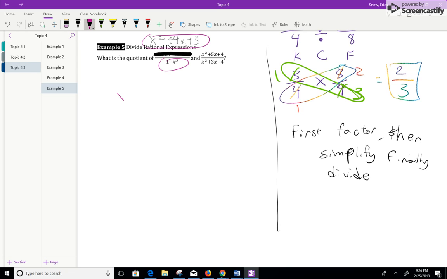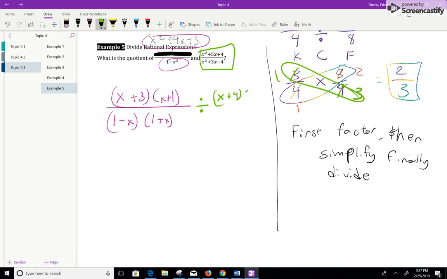So now I am going to go through and we're going to factor this and this first. So we're going to have x, ends up being x plus 3, x plus 1, over 1 minus x, 1 plus x. And then our 1 on this side ends up being x plus 4, x plus 1, over x plus 4, x minus 1.